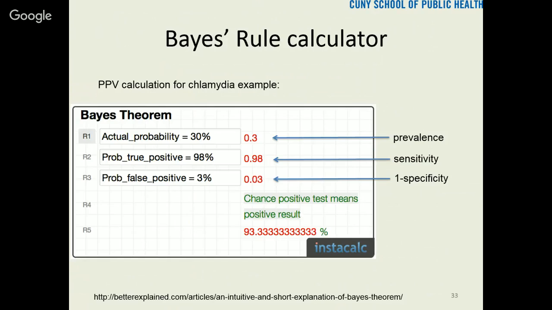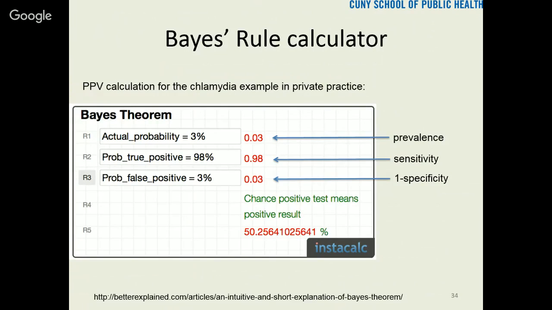about how it works, so that things will not surprise you. So here is our example from the STI clinic with the high prevalence, 30%, the high sensitivity and a high specificity, and the 93% PPV.